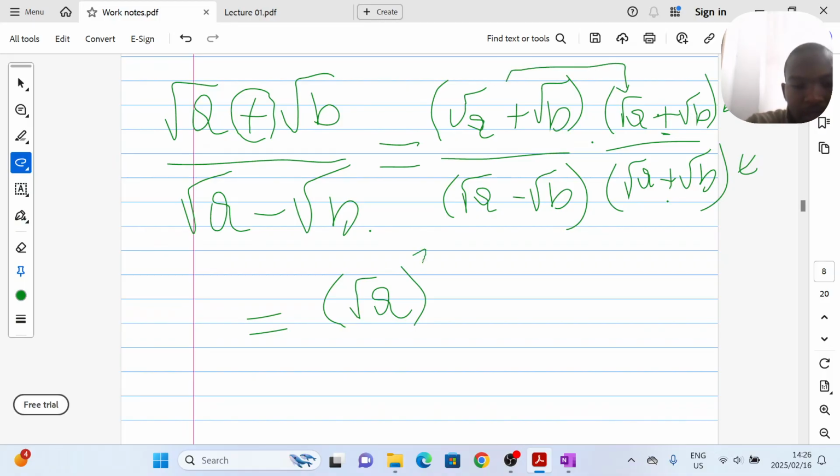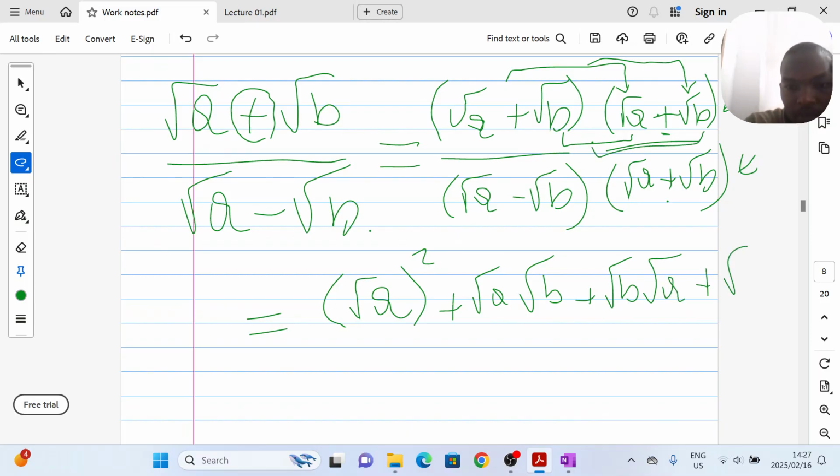So it's going to be that squared, and then that one and that one is still going to be plus square root of a times square root of b. This one and that one is going to be square root of b times square root of a, and then this one and that one is going to be plus square root of b, this whole squared.